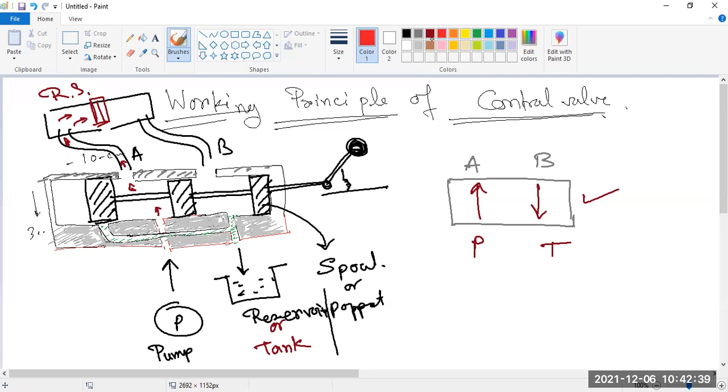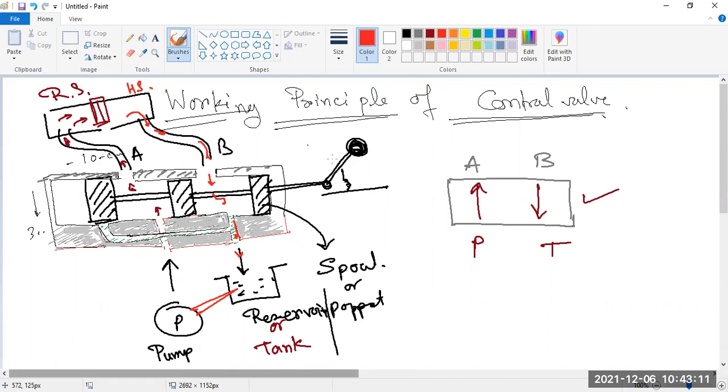So from this head side, HS, this fluid is coming to the B channel, and you can see this is coming to the tank. Okay, so in this way the fluid is circulating, and pump and tank are connected internally, but here is some valve there.